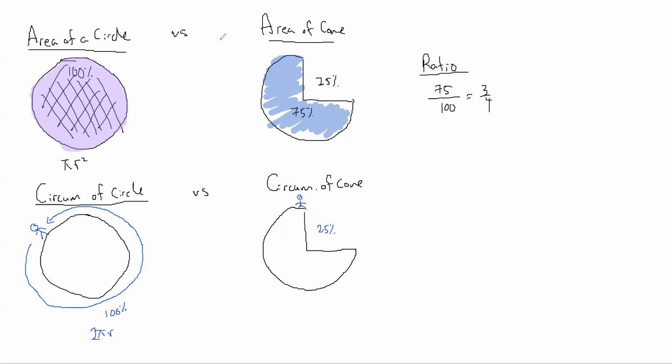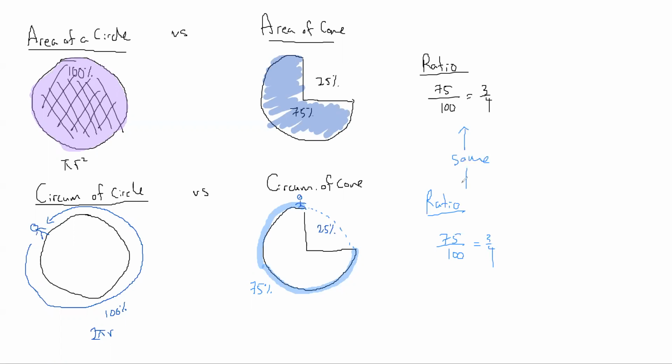Compared to the full circle, how much of this can you actually walk around? How much of the original circumference are you traveling if you stop right there? I'm hoping you said 75%. Because just like the area, 1/4 of the distance you could have traveled was cut out. So what is the ratio? It would be, again, 75 over 100, or 3 over 4.